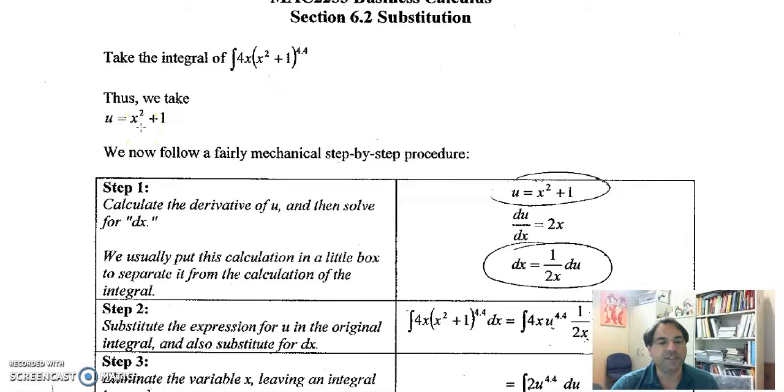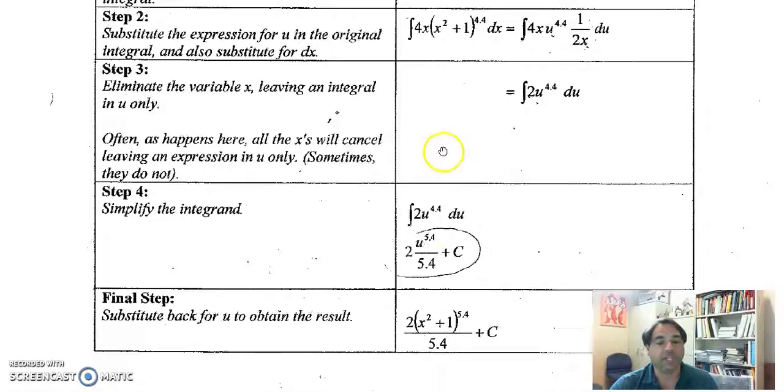This will come with practice, and remember, sometimes it just doesn't work. But when you want to pick the correct u, it should do two things. One, it should make your problem simpler. Two, when you take the derivative, it should make it even simpler. So instead of x squared plus 1, I put u, because I don't know how to take the integral of x squared plus 1 raised to the 4.4. But if I turn that into a u, the integral of u to the 4.4 is something I can do. And we did.